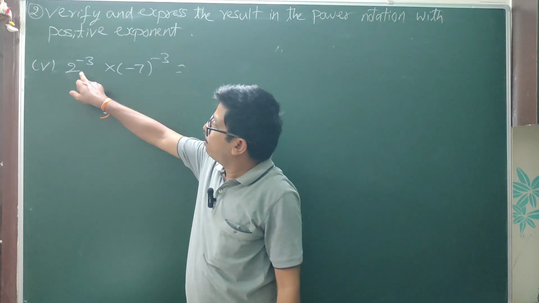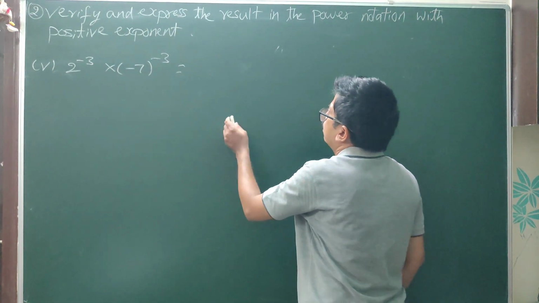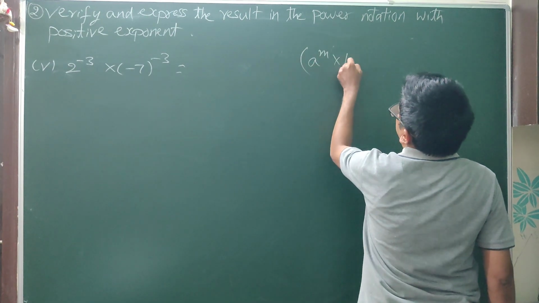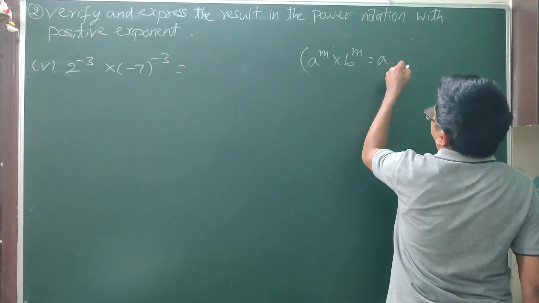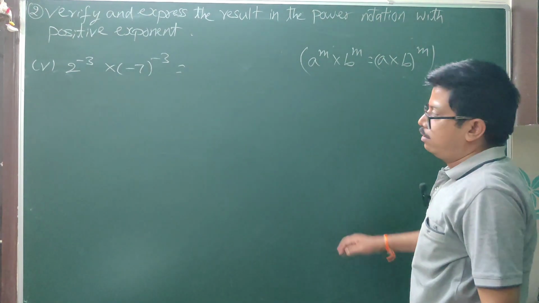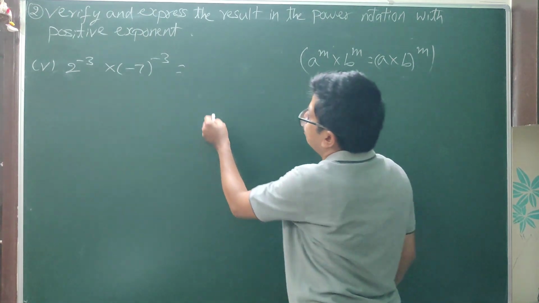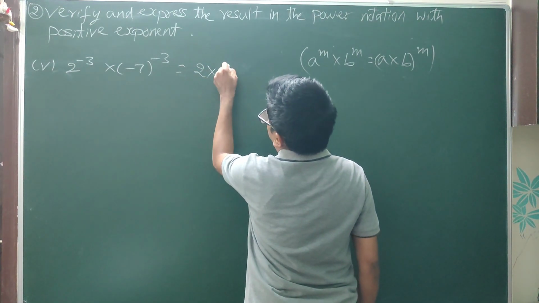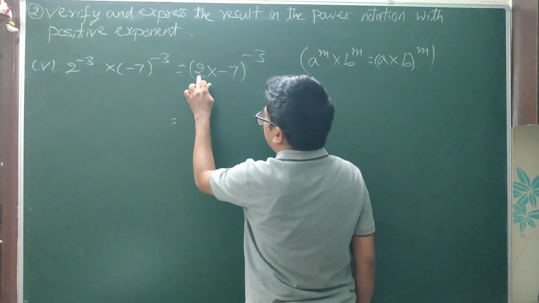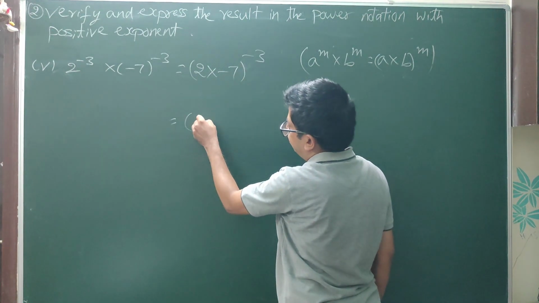The question, 2 power minus 3 into minus 7 whole power minus 3. The formula is a power m into b power m equal to a into b whole power m. So 2 into minus 7 whole power minus 3. 2 sevens are 14, plus into minus is minus.